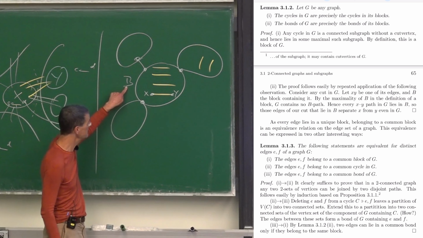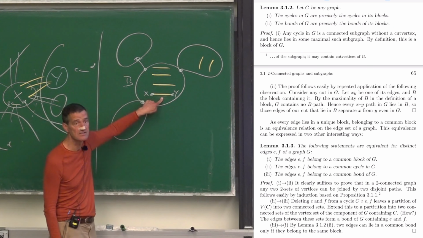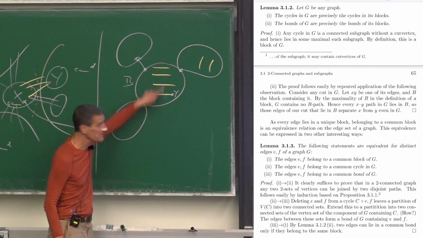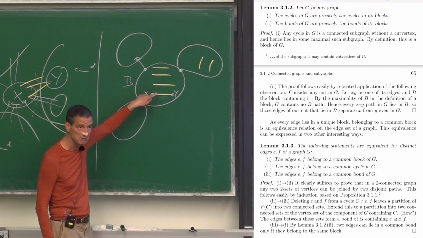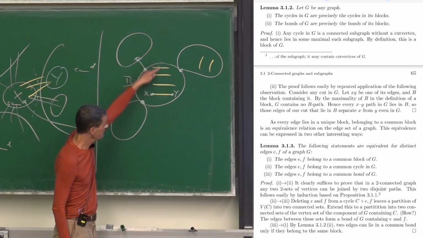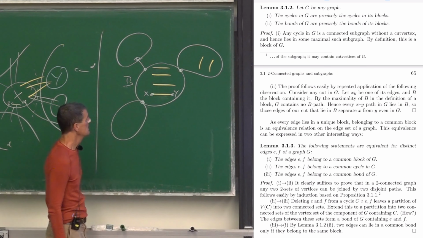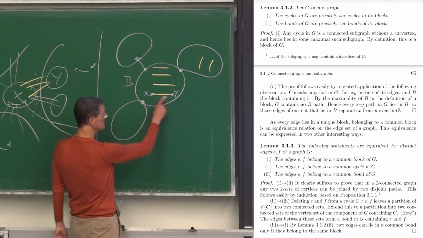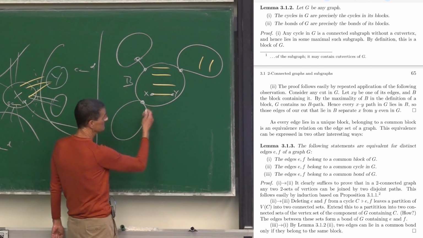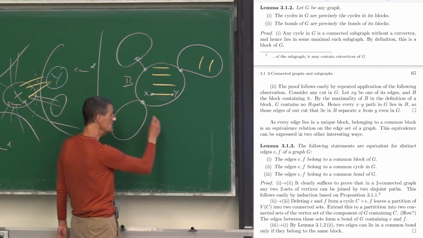B is the block by definition that contains this edge xy. Every edge is clearly contained in some block. Some other edges from our bond also lie in B, maybe some don't. I want to show that those that do separate x and y, not only in B, which is pretty obvious, but also in G.